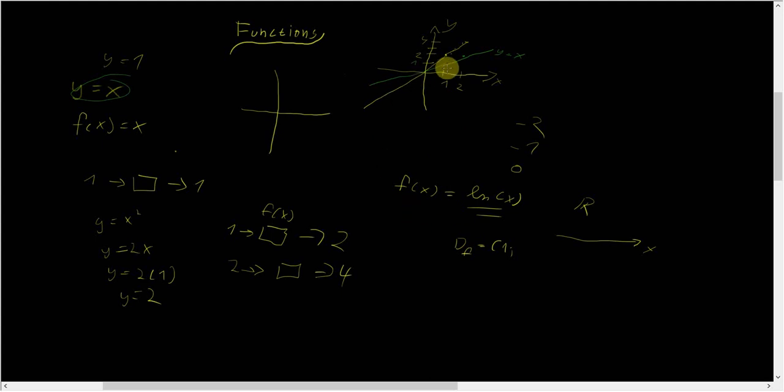So, in the case of these two functions, what is the domain? Basically, which numbers from the x-axis have we got on our functions? So we've got 1, we've got 2, we've got 3, we've got -1, we've got -2, and this goes into infinity.